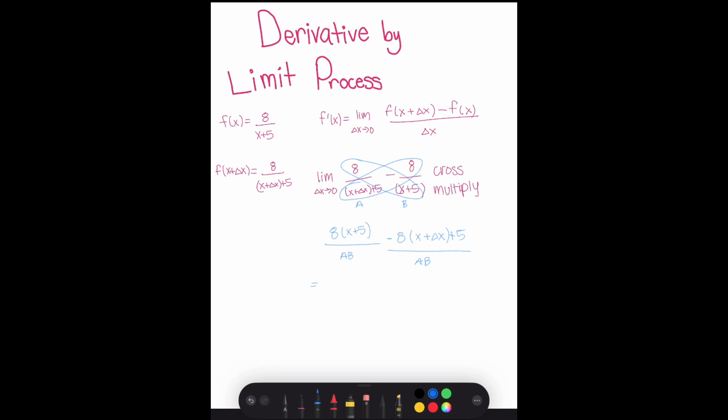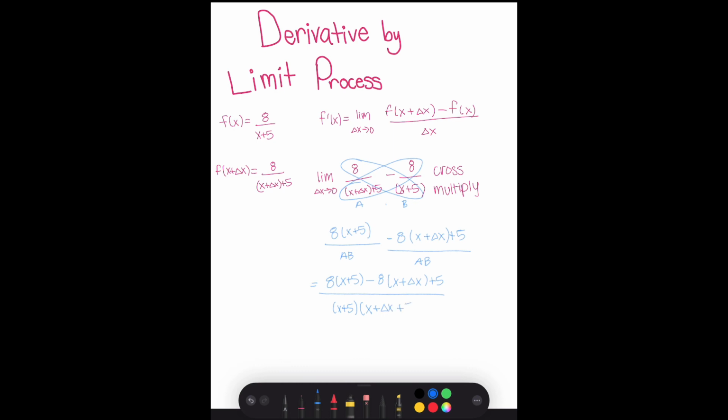Now that we have the same denominator, we can put the whole expression over the same denominator. So we have our expression over AB, or we can just go ahead and multiply A times B, which is x plus 5 times x plus delta x plus 5.